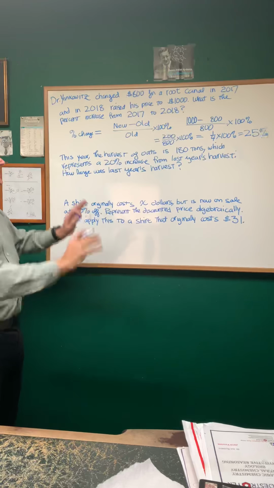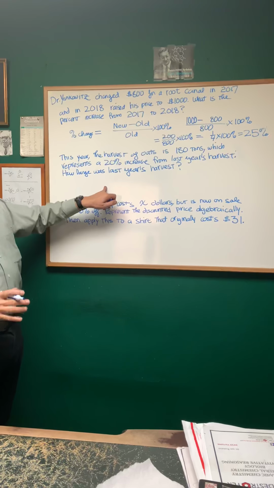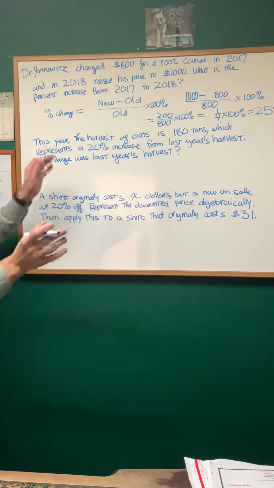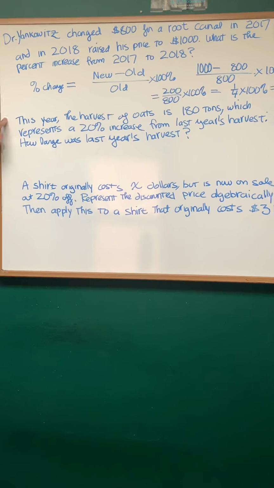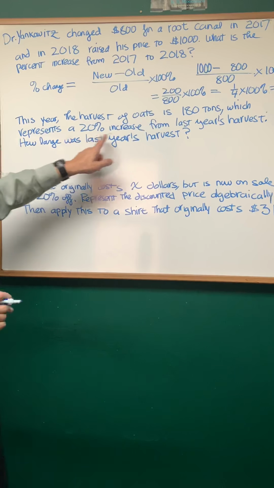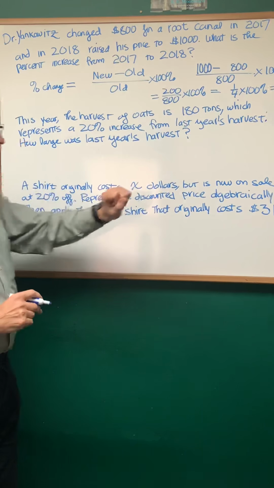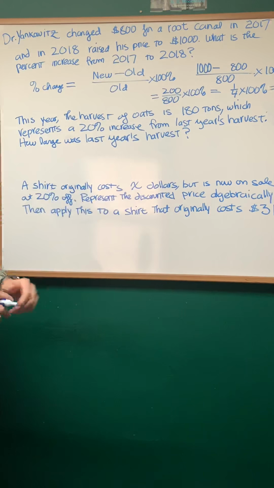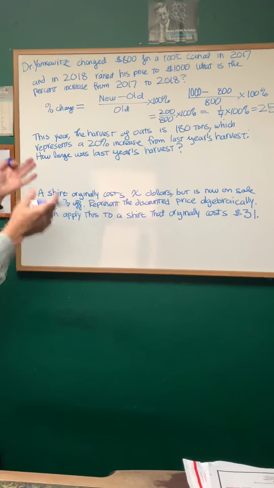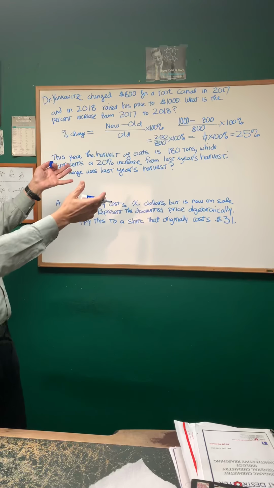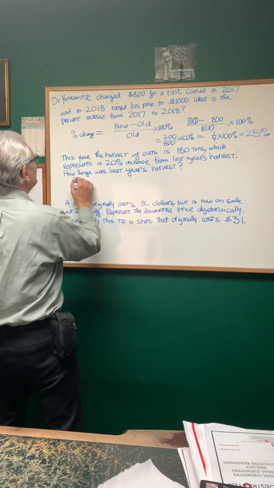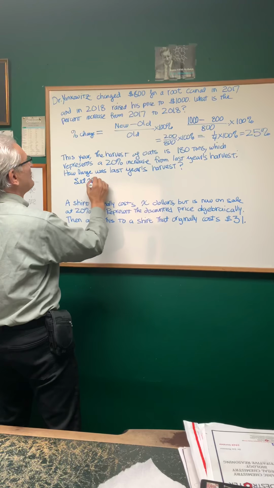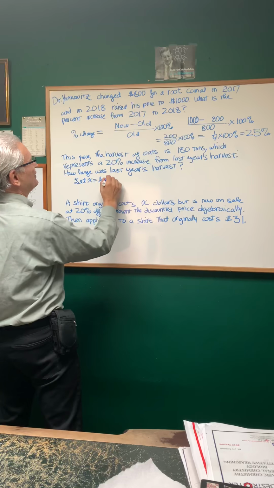All right, here's another instance of a percent change problem. Let's read it together, and it's a slightly different complexion. This year, the harvest of oats is 180 tons, which represents a 20% increase from last year's harvest. How large was last year's harvest? Well, now we know that 180 tons is 20% more. Let's let X represent last year's harvest.